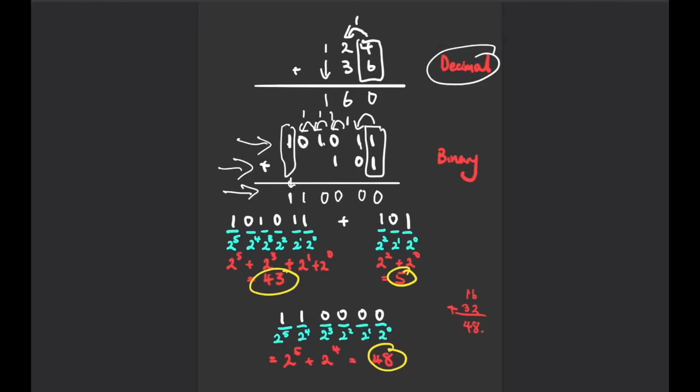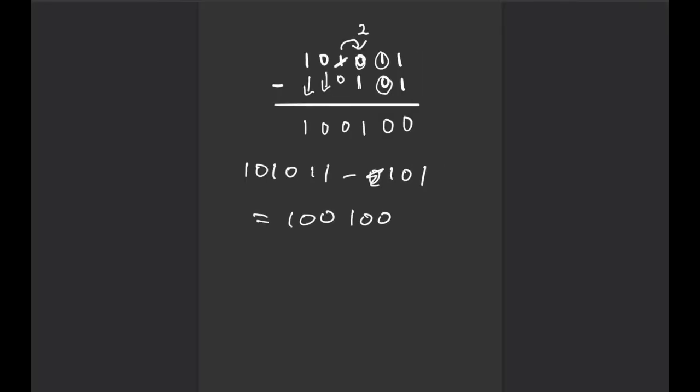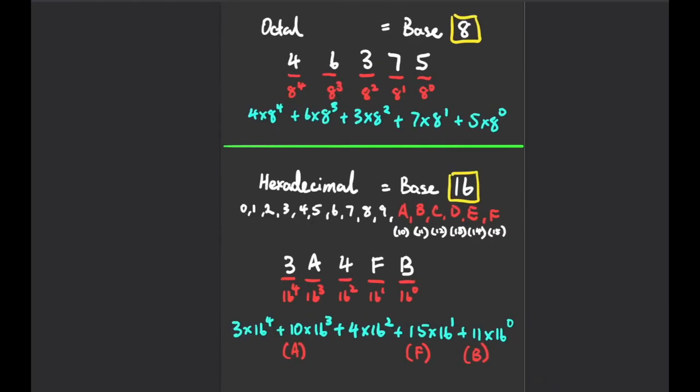And so we find that the subtraction of 101011 and 101 equals 100100. This operation would also work in base 10, and I suggest you try and do it yourselves to double check the work.